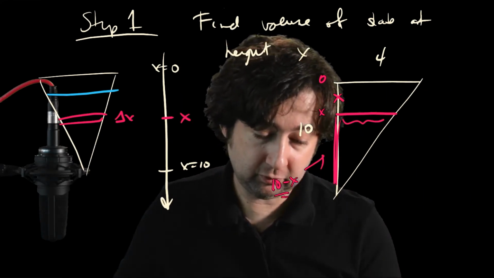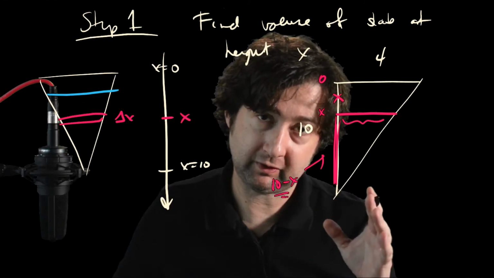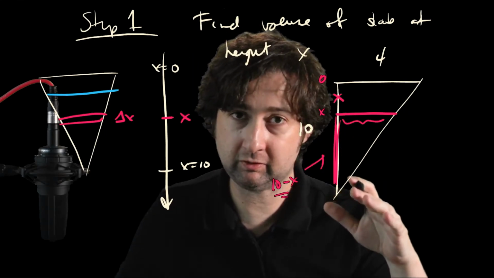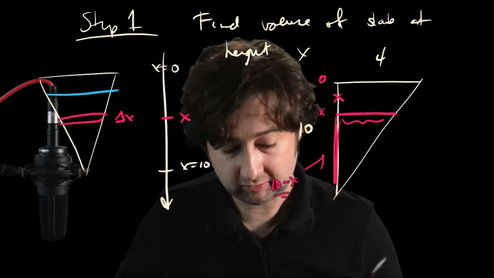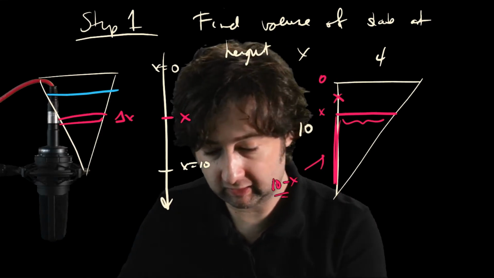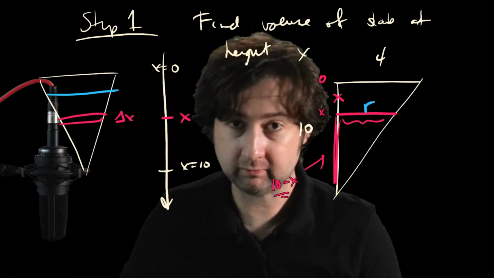So what the rule of similar triangles says is that proportions of similar sides between two triangles are equal to each other. So I've got 3 pieces of information. I've got the 4, I've got the 10, I've got the 10 minus x, and the unknown that I'm after here is the radius r.